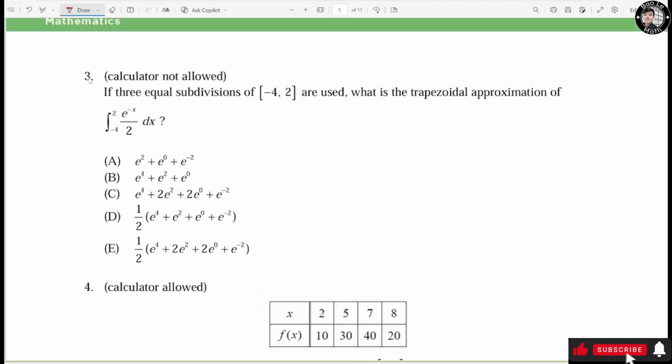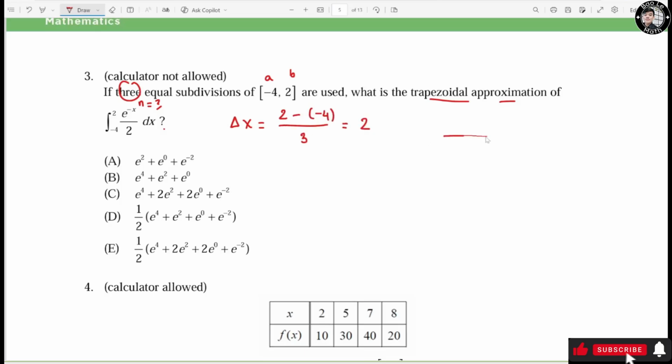Now let's move on to question 3. If 3 equal subdivisions of the interval from -4 to 2 are used, what is the trapezoidal approximation of this integral? So we need to find delta x, which is b minus a over n. This is a, this is b, and n right here is 3. So it's 2 minus -4 divided by 3, which is 2.